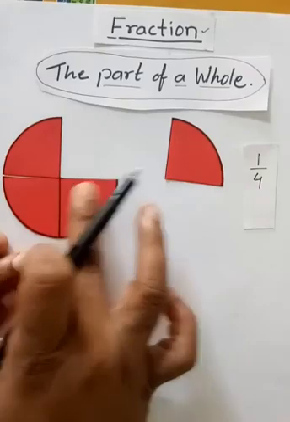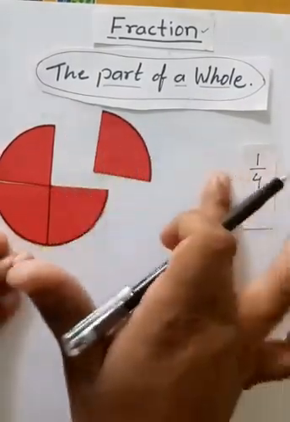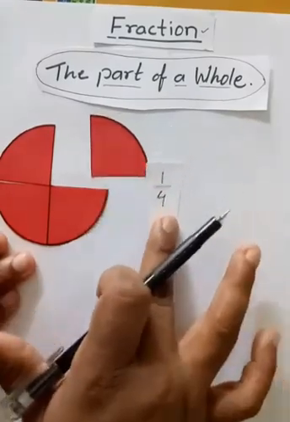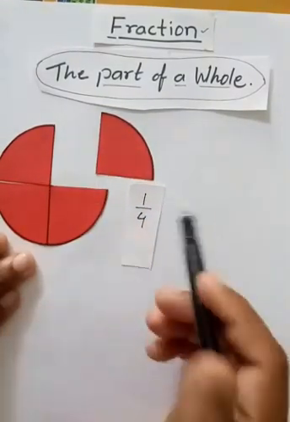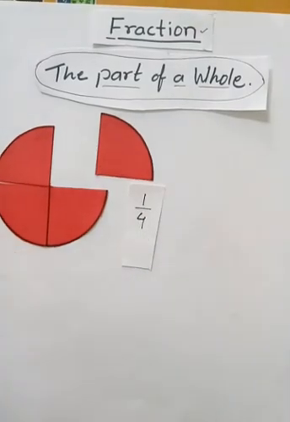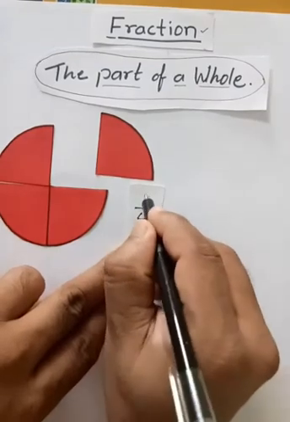Now as you can see, if I remove this one, when I'm talking about this 1/4 part, this part which you see here is separated from the whole thing, and we got 1/4. Now the question is, what do we call it, because we need to call them something.